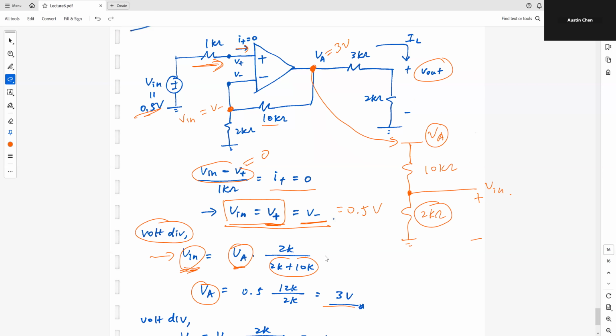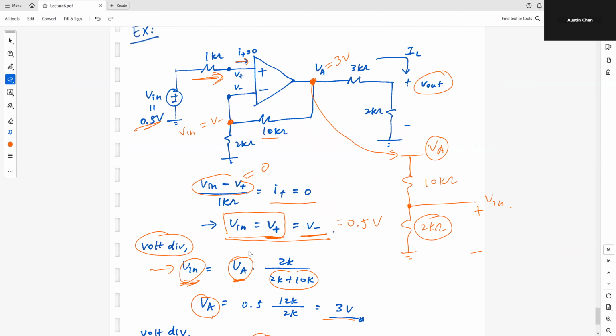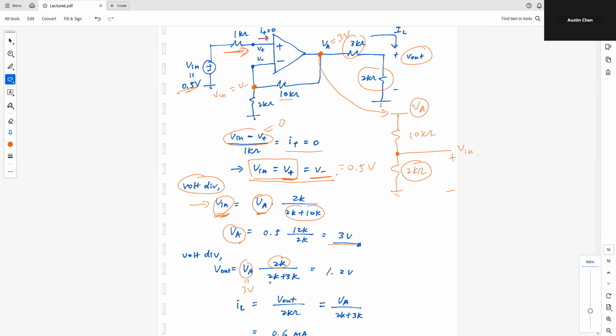Then the question is, what is IL and what is V out? Very straightforward. To find V out, we just need to do another voltage division. We take 3 times 2K over 5K. VA is 3 volt, and this is 3 volt times 2K over the sum. And then what is IL?